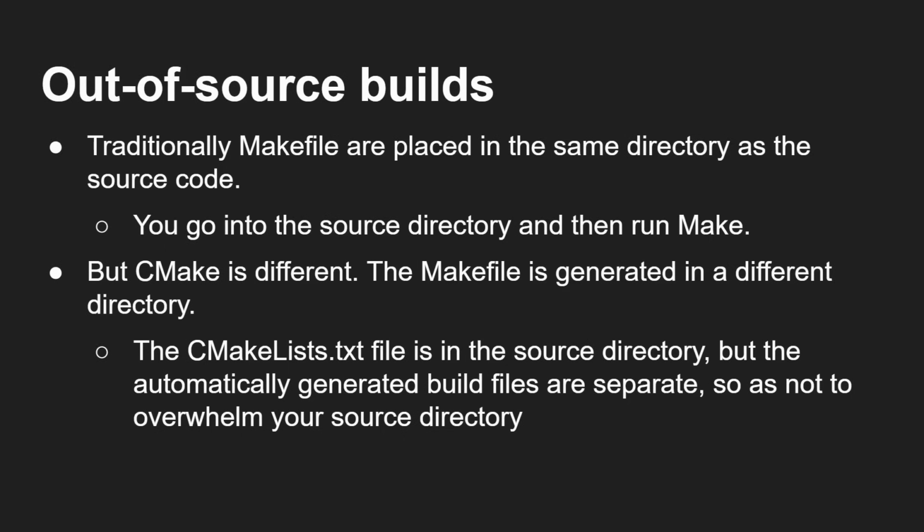And the CMakeLists.txt file is in the same source directory, but the automatically generated files are in a separate directory so as not to overwhelm your source directory. So your source directory remains pure, here's my source, and the build system remains somewhere else separate, particularly since also it's auto-generated. Generally your source code will be hand-generated by you, and you want this auto-generated stuff somewhere else.